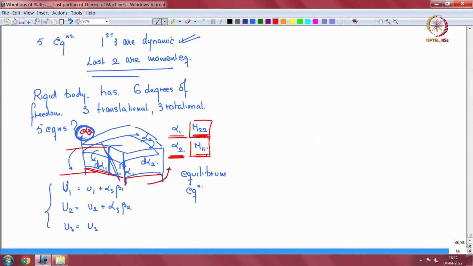Okay, and that has happened because of the finite thickness. Now if we try rotation about alpha 3, there is only a differential length over here. Okay, so you will get only an equilibrium equation. You will not get a full balance equation, and so it will not appear in the Hamilton's law also.